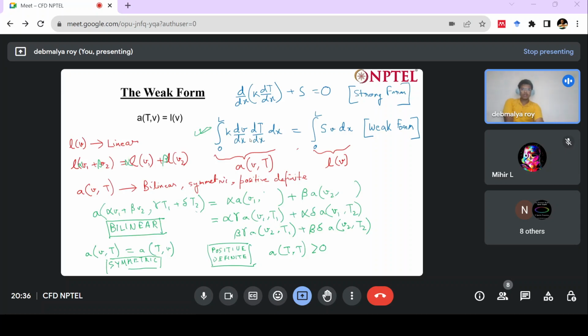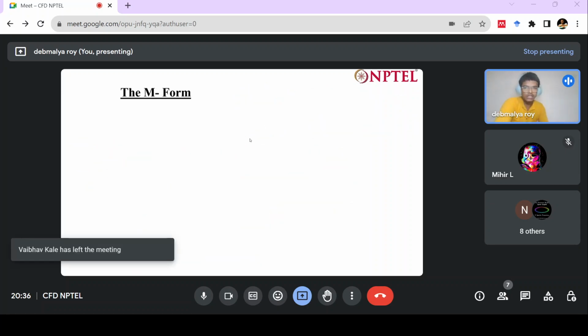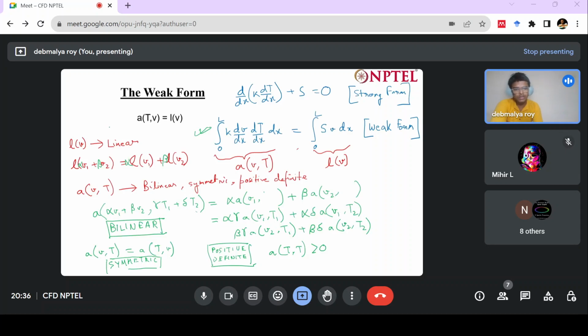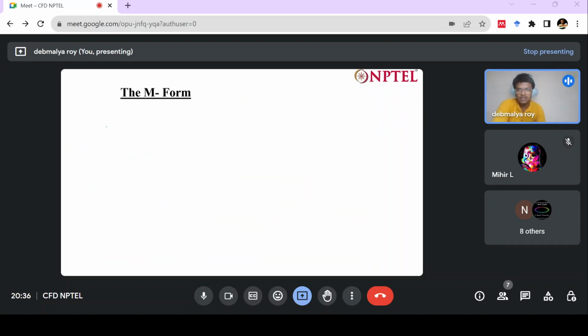Okay, and we have another form which is the M form. So I will just treat it, not going into the details here. So this basically follows from the weak form itself. You can see in the lectures it is very clearly mentioned everything. So here we basically define a function like this.